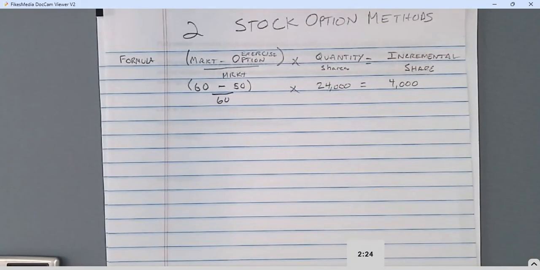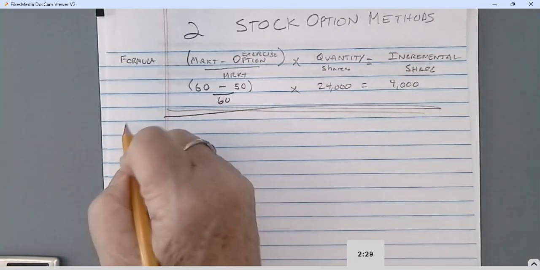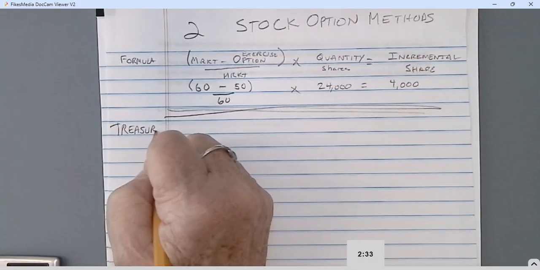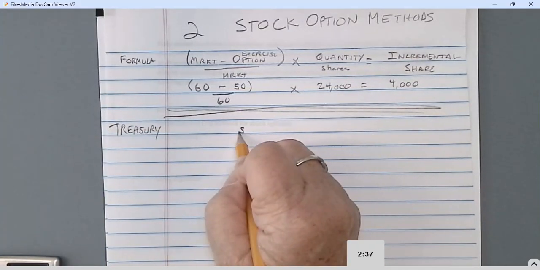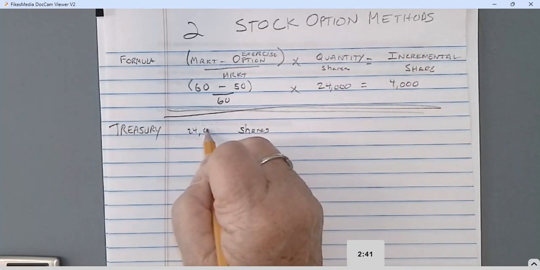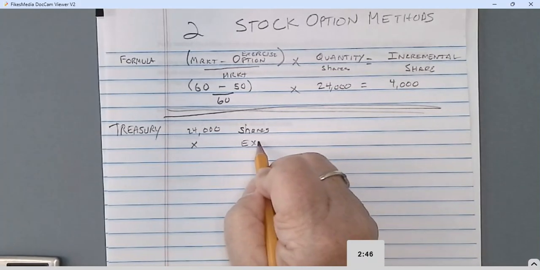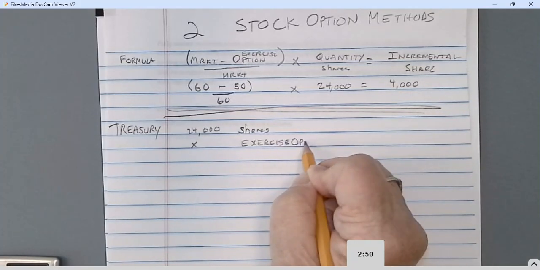Let's move that up a little bit. And now we'll look at the treasury method. Under the treasury method, we start with the number of shares, 24,000 in this case, multiply it times the exercise option price.